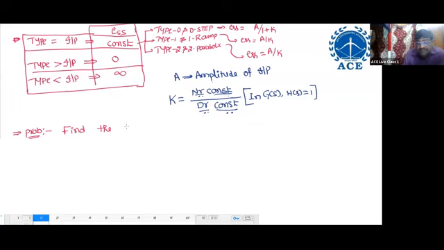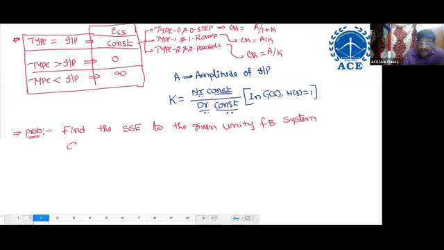Find the steady state error to the given unity feedback system.